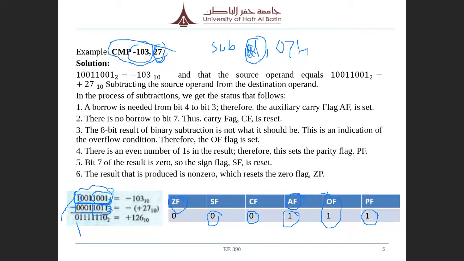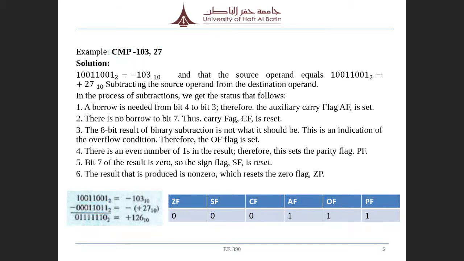Now you have to look at the borrow-in that happened here. Let me erase it. Look at here, we have a borrowing that happened in this bit.